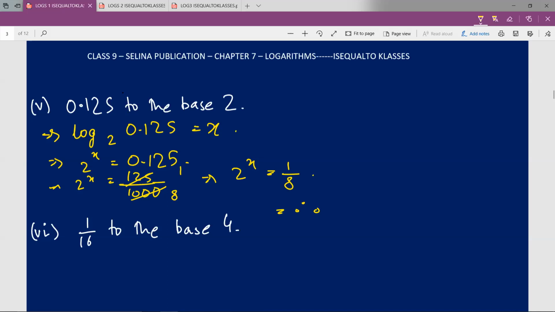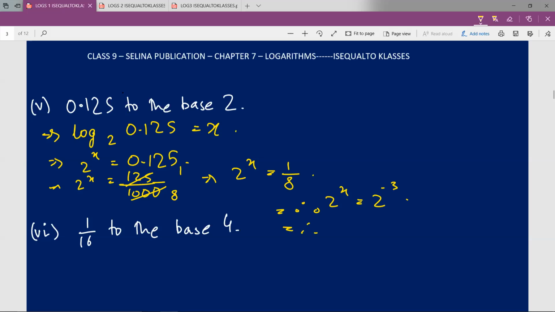Therefore, I could write 2 raised to the power x is equal to 1 upon 8, which is 2 raised to the power minus 3. Because 1 upon 8 can be written as 1 upon 2 raised to the power 3, and 1 upon 2 raised to the power 3 can be written as 2 raised to the power minus 3.